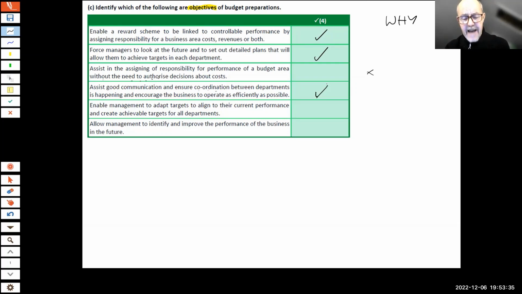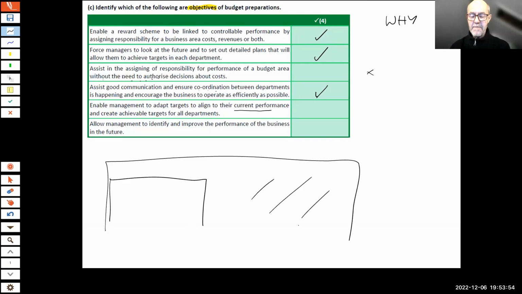Enable management to adapt targets to align to their current performance. So that's a bit like if your football team's got a centre forward who can't see straight, and the goal's not big enough, you give him a bit bigger goal to aim at with the hope that eventually he'll put one in it.